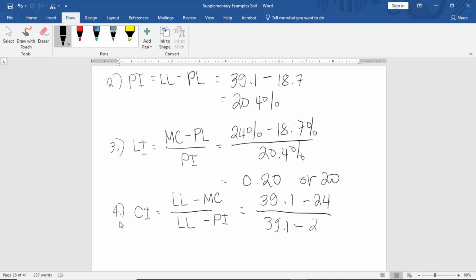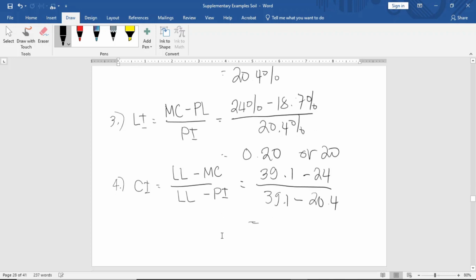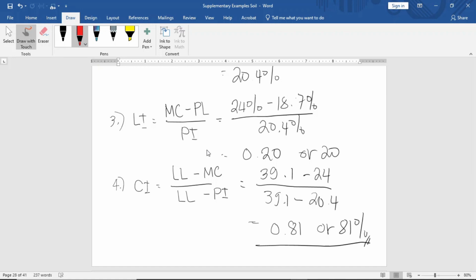So our consistency index is 0.81, or 81%. Those are our answers.